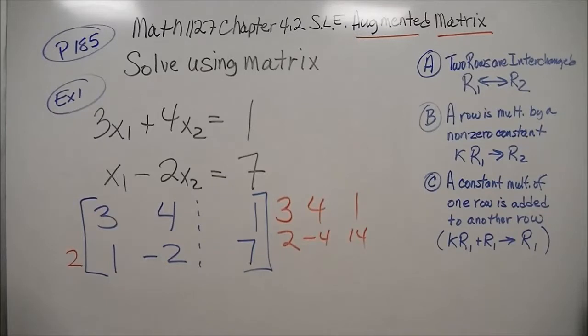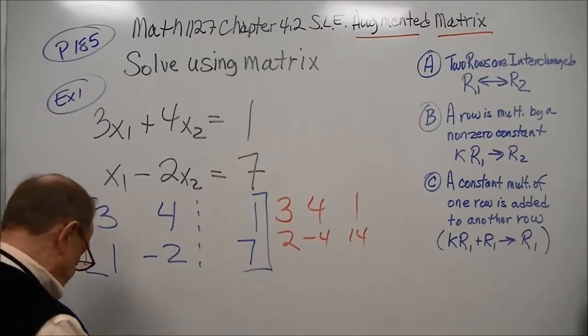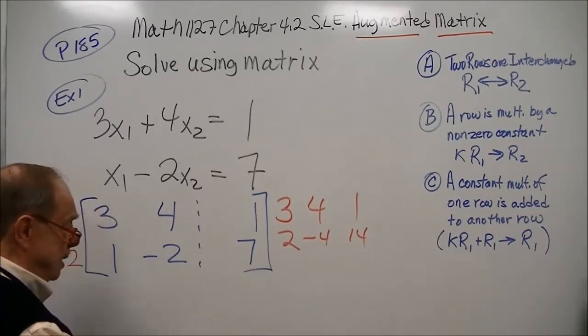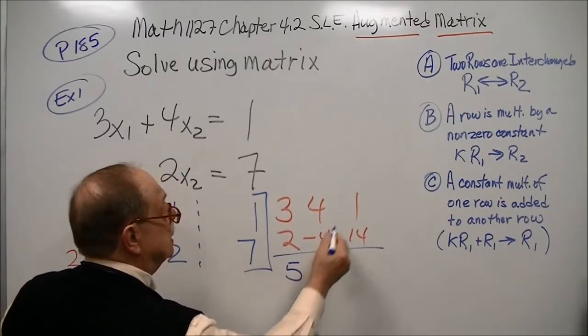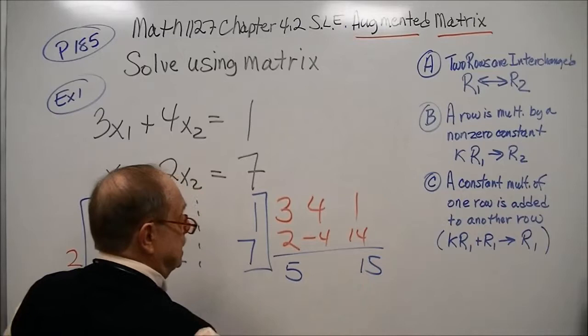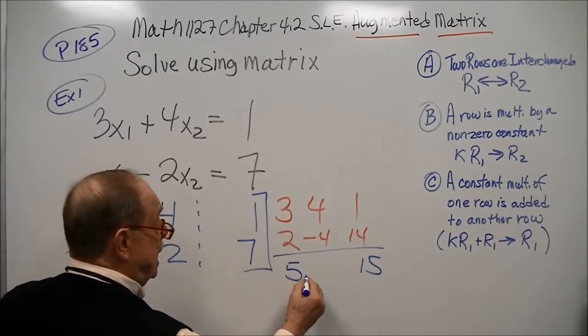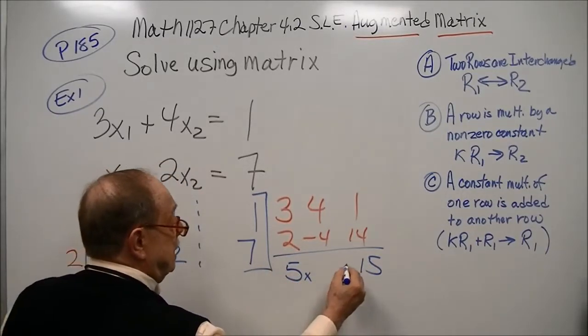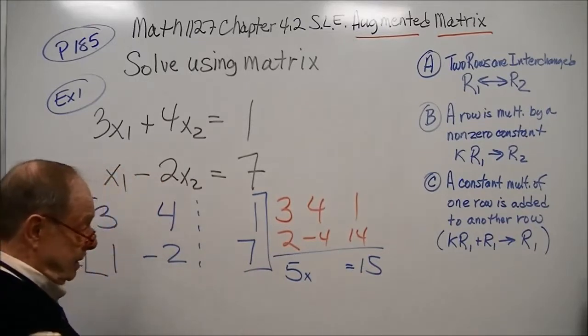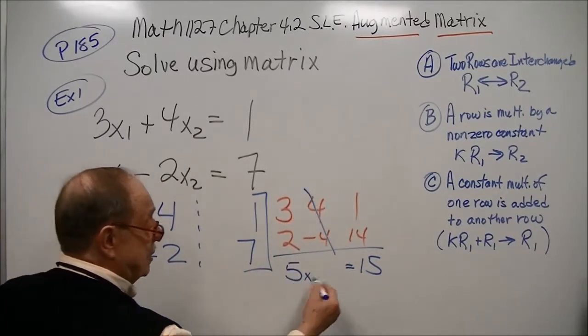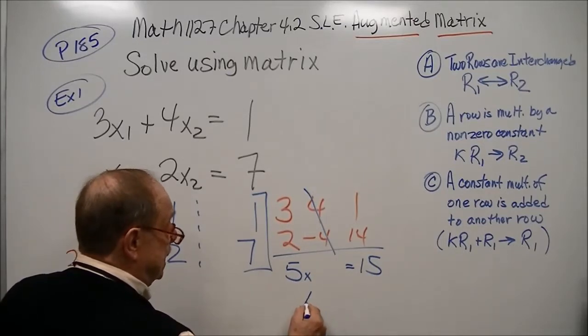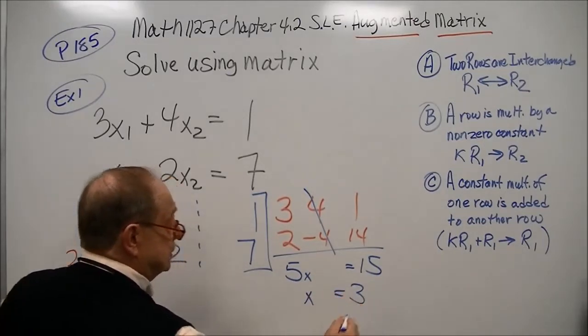Otherwise, you can follow that long system in the textbook. And what happens now? Well, I'm going to put that line, and I'm going to get 5, and I'm going to get 15. Now remember, this is 5x equals 15, because now this column adds out. And now we're going to divide both sides by 5, and I get x equals 3.